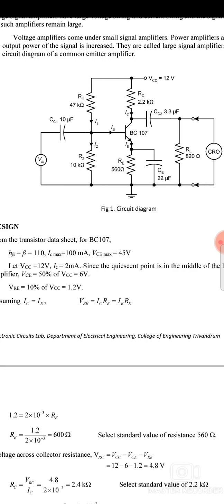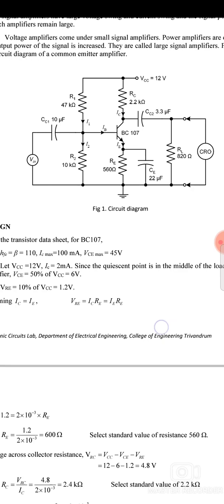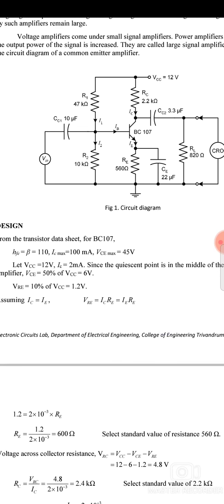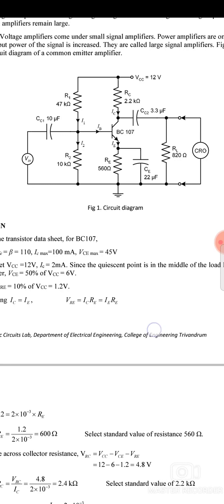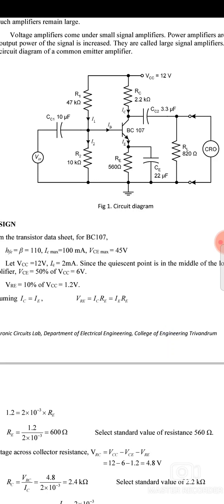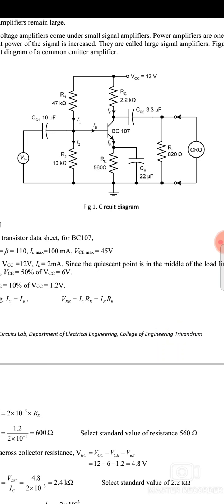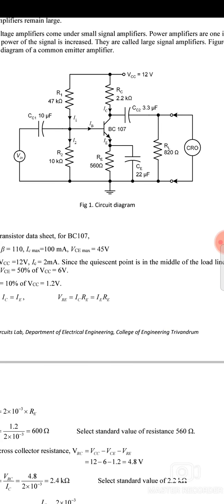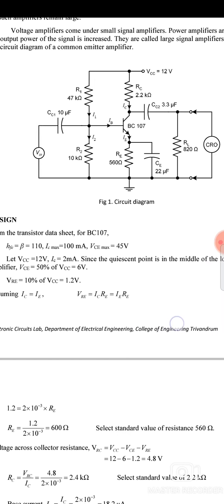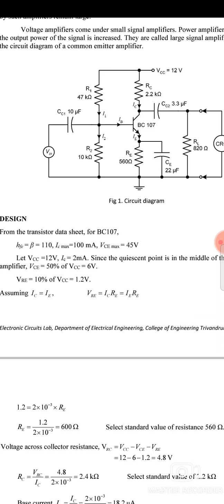So we choose beta as 110 and IC max equal to 100 milliamps. IC max is the collector current maximum, 100 milliamps, and VCE max is the collector emitter voltage, that is the maximum output voltage, 45 volts. These are the standard values considered.